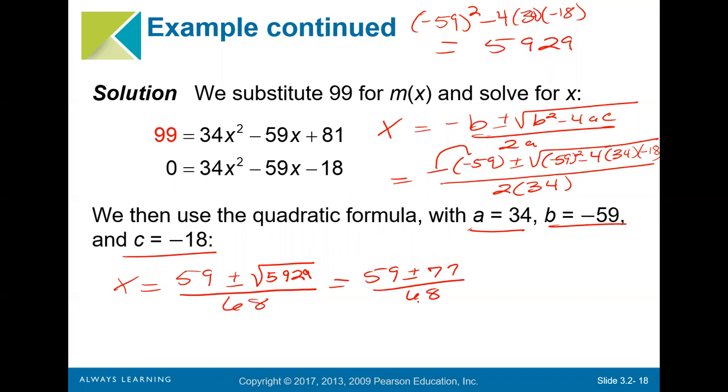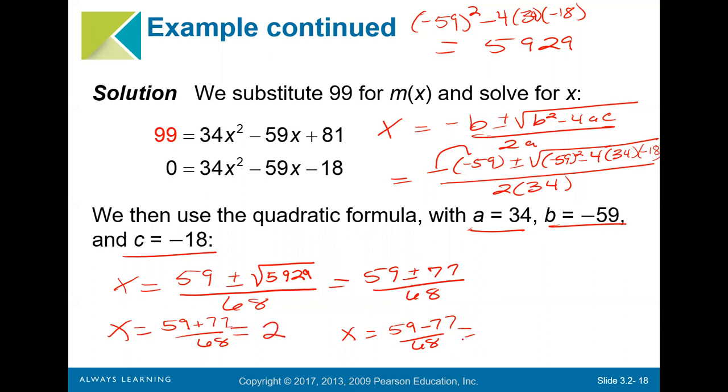Cool deal. That worked out great. So now I have 2 solutions here. I'm going to have 2 answers. I'm going to have 59 plus 77 divided by 68, and 59 minus 77 divided by 68. So what is 59 plus 77 divided by 68? That gives me 2. Nice.